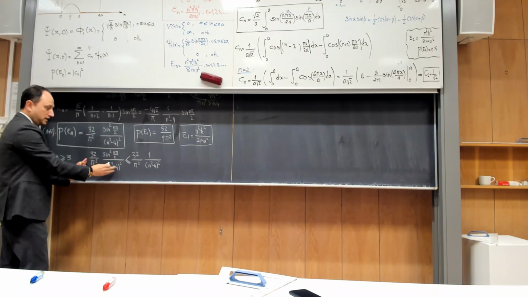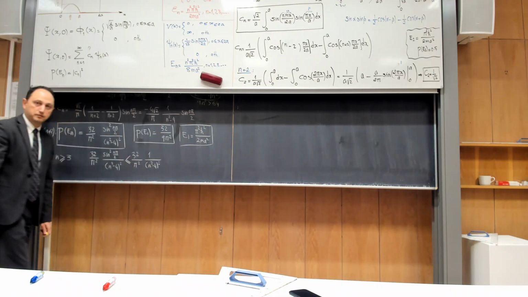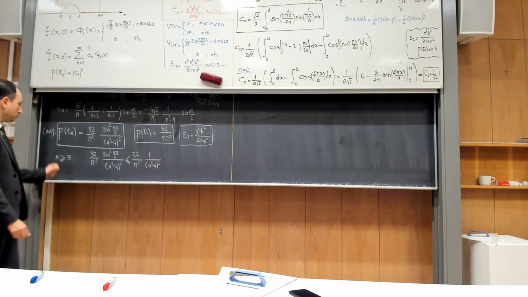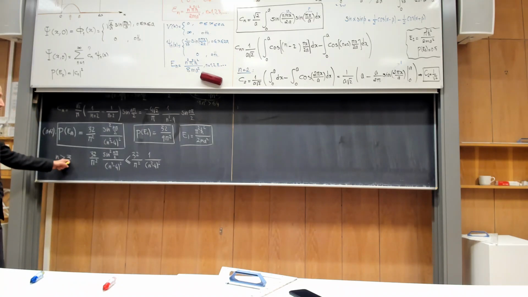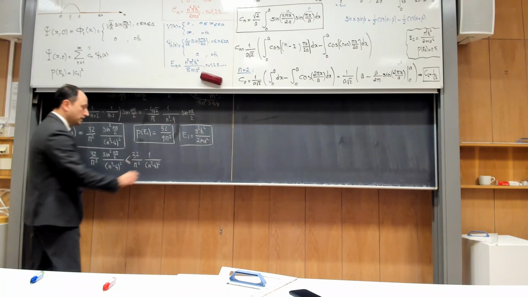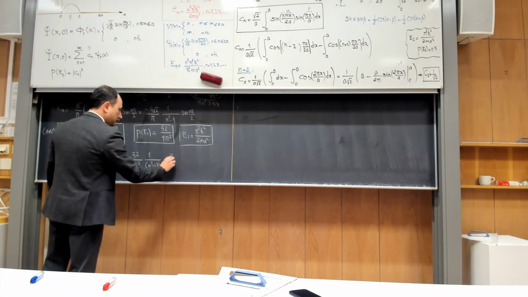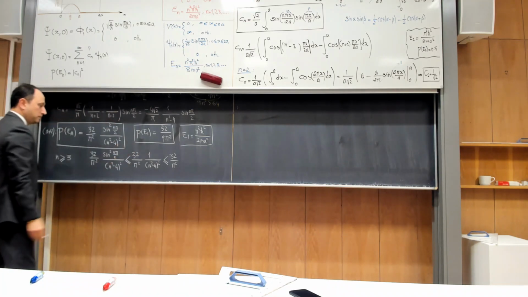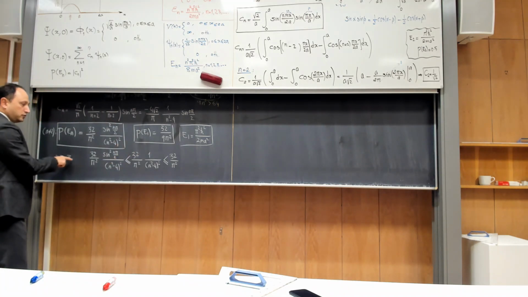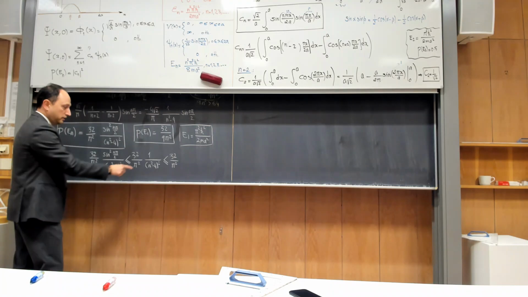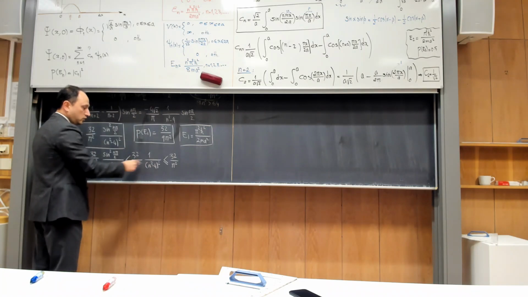So definitely this one is less than or equal to that one. But now n is greater than or equal to 3. So it means that this one is also less than or equal to 32 pi squared. If I want to make it bigger, I have to choose the lowest value for n because the denominator should be smaller. And if I put 3, it becomes 1 over 25.